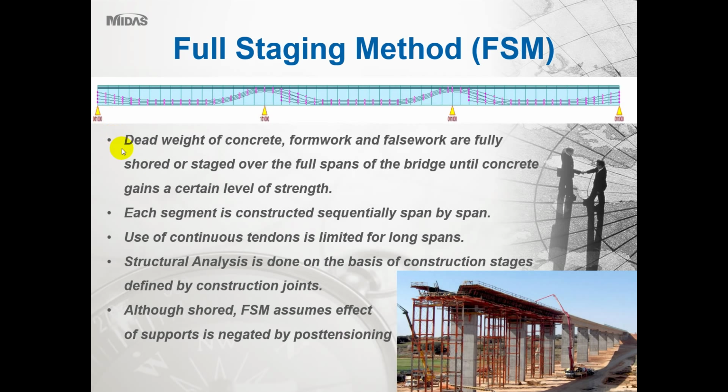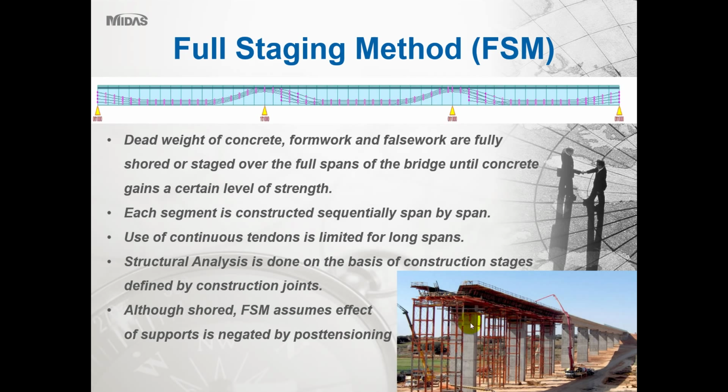So now we're talking about the full staging method, and as you can see we've got a video at the top there illustrating this. So what it is, focus on the dead weight of the concrete, the formwork and the falsework, which are fully shored or staged over the full spans of the bridge until the concrete gains a certain level of strength.